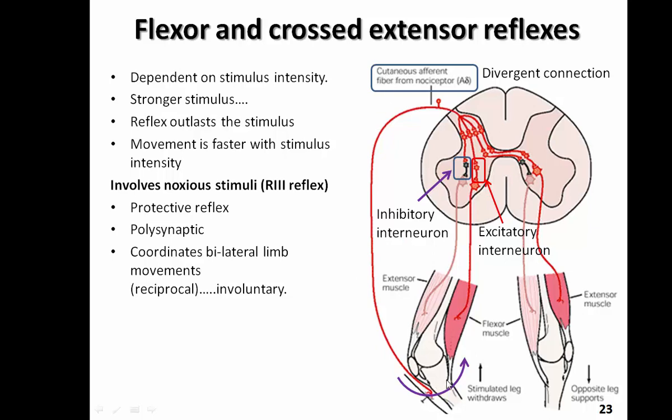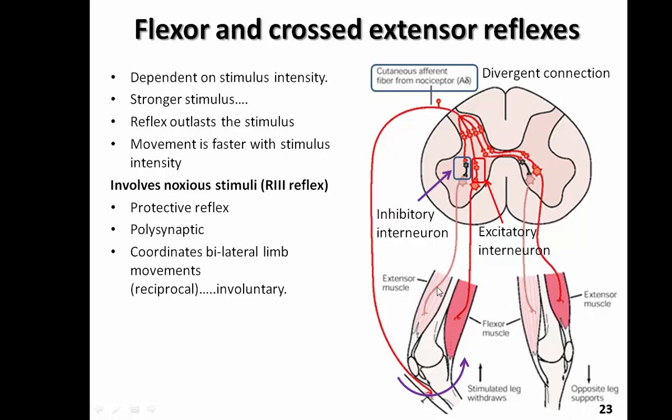The withdrawal of the foot from the ground is generated because of these spinal connections, and that will produce activations on the left leg that is opposite to those of the right leg.